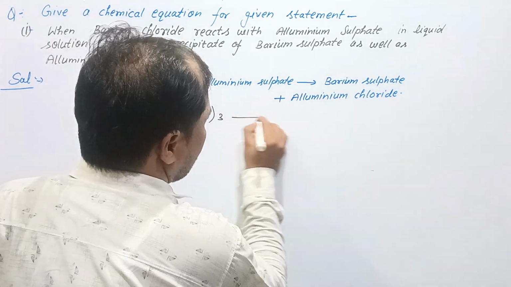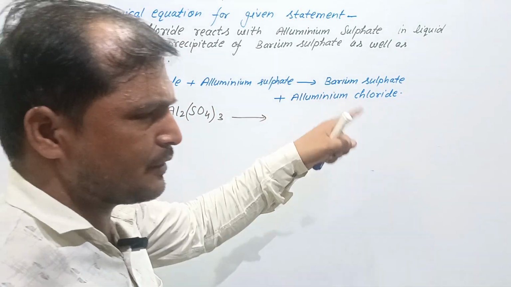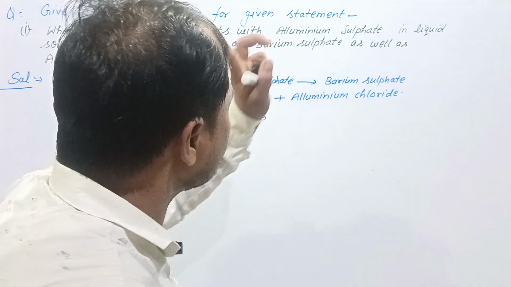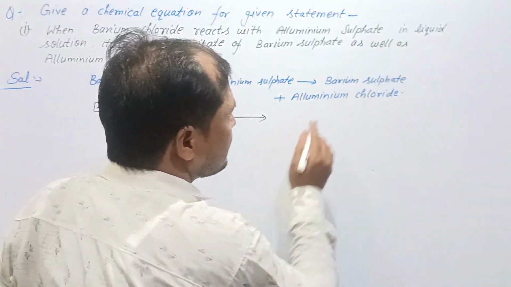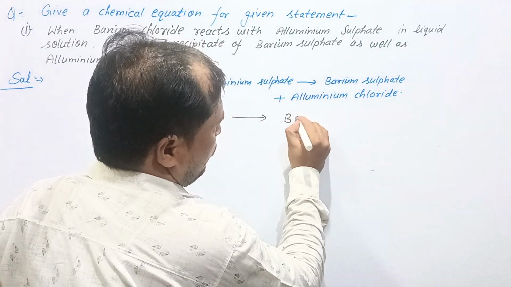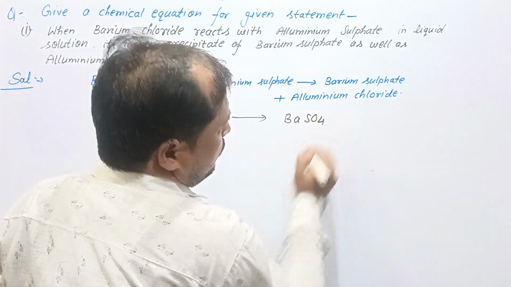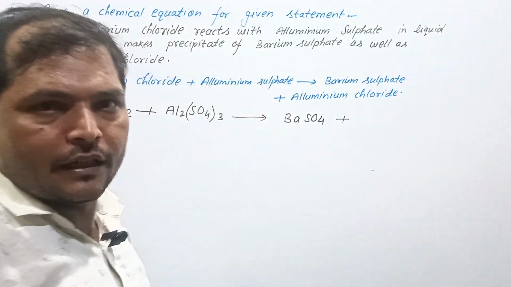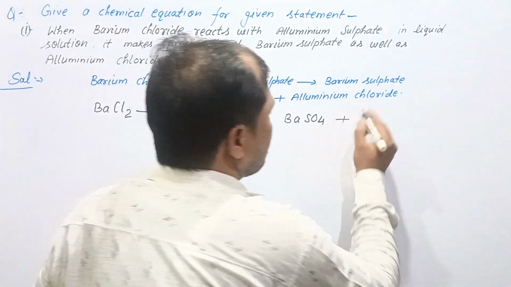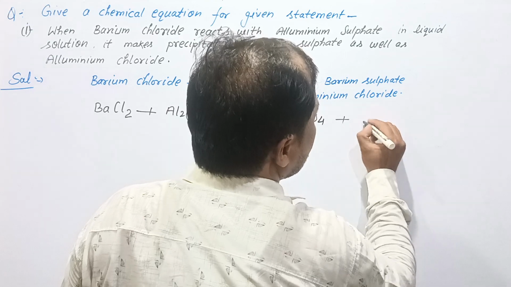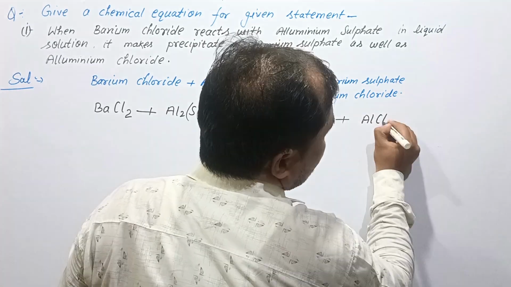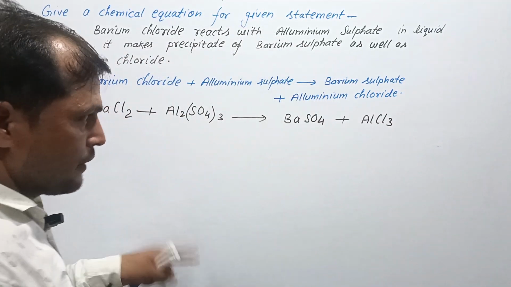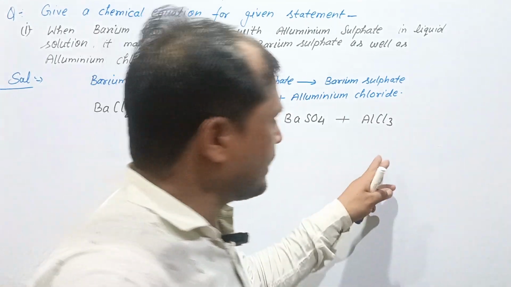Barium sulfate: as we know, the valency of barium is 2 and sulfate's valency is 2. Hence we can write it as BaSO4, plus aluminum chloride. Aluminum has the valency of 3 and chlorine has the valency of 1. Hence it may be written as AlCl3.